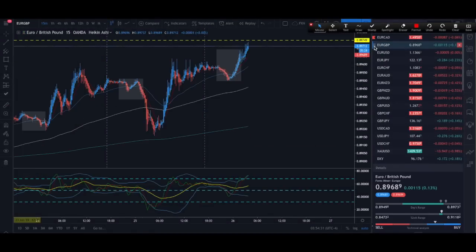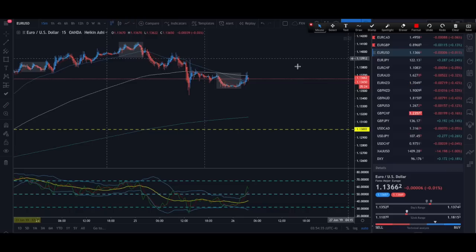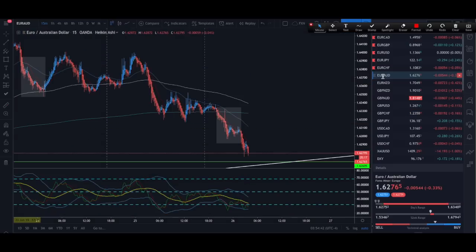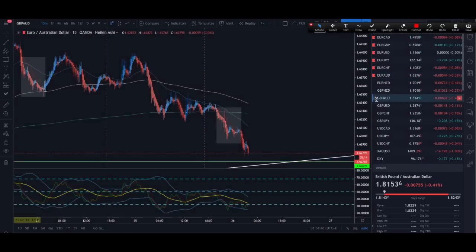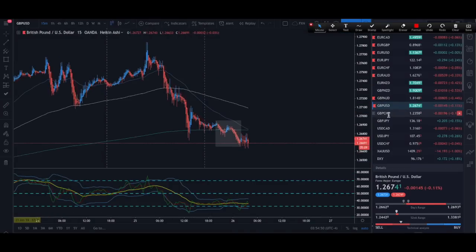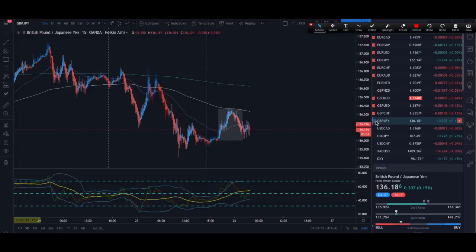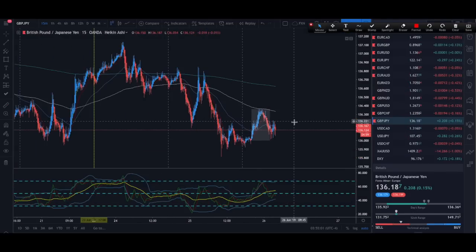Alright, so once I take a look at all the different pairs and analyze them and see what setups I could potentially have, I start to tag each pair that I'm potentially interested in and keeping an eye on as the London session develops, to see if we can start to get any kind of trade formations forming.